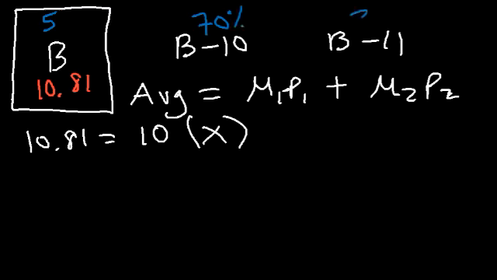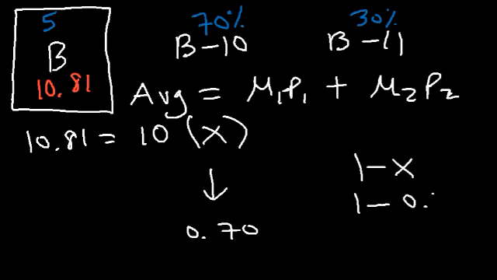That means that 30% is boron 11. So if X corresponds to 0.70, then 0.30 must be 1 minus X, because 1 minus 0.70 is 0.30. So notice that X plus 1 minus X adds up to 1, and 1 represents 100%.